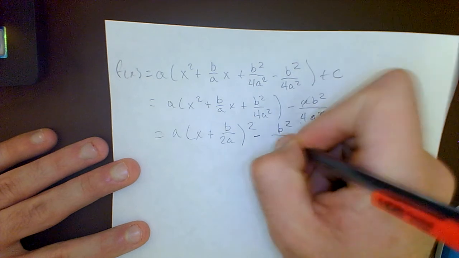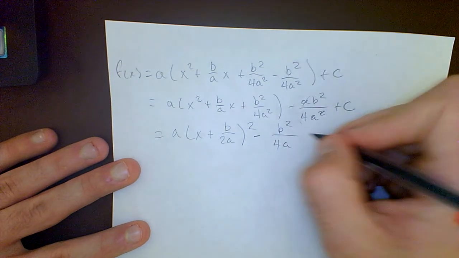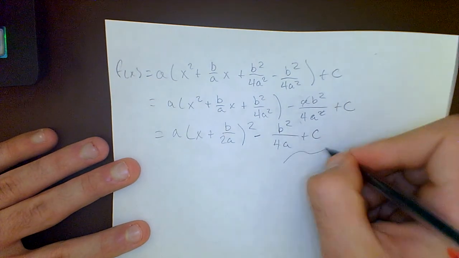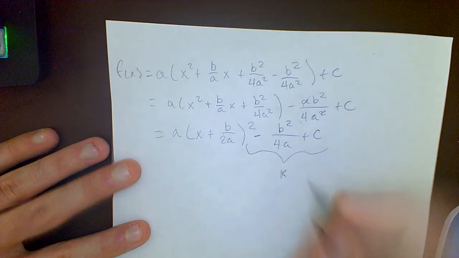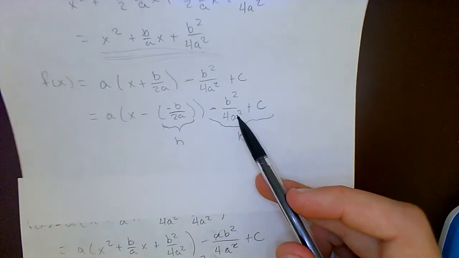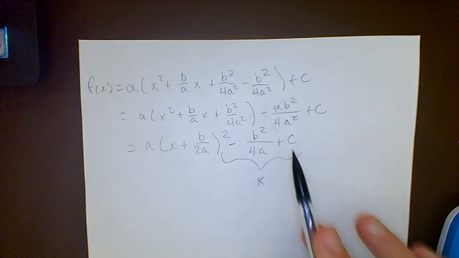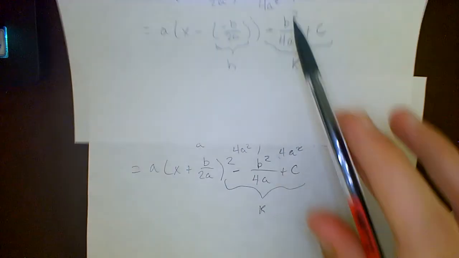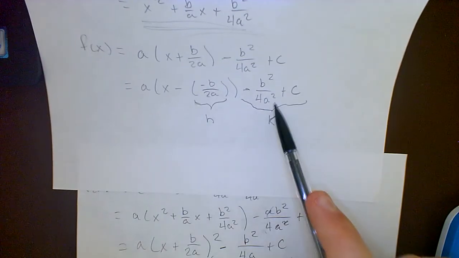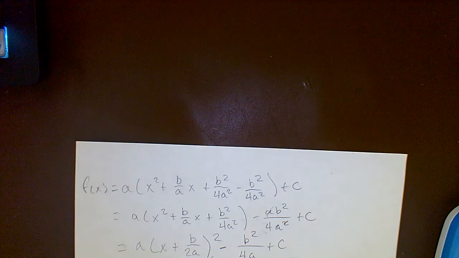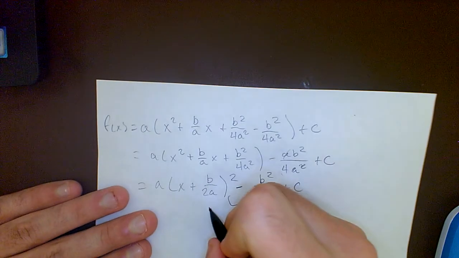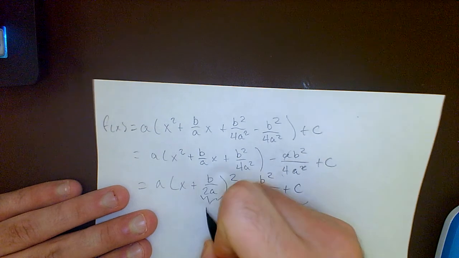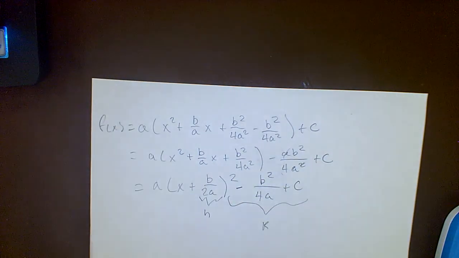So it's minus b squared over 4a instead of 4a squared, plus c. So this is k. The incorrect k was b squared over 4a squared plus c. It should be c minus b squared over 4a. Okay, so that's my fault. Messed up there.